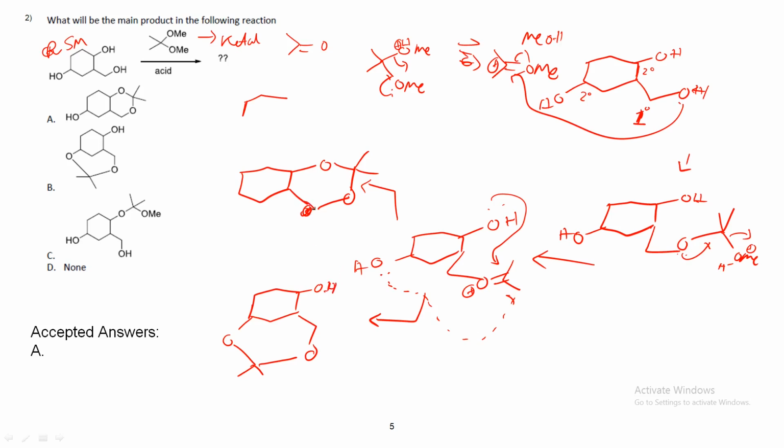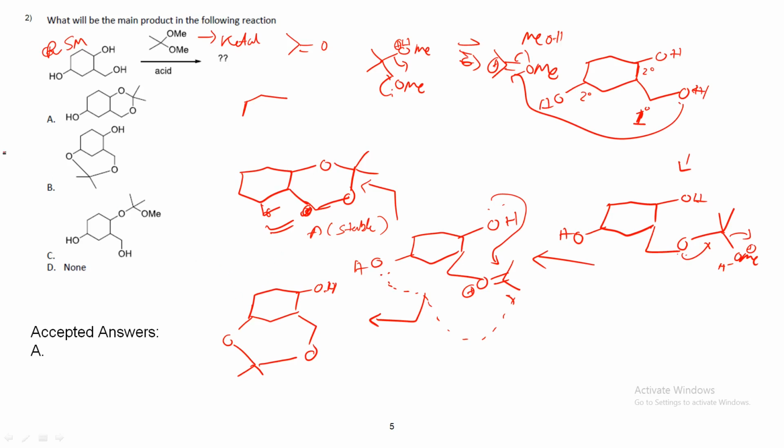So now look at the options, right? Between this and this, we can easily say this would be very much favorable over this because of the strain in the system, and also this is a seven-membered ring, not fused, some rigid thing is there, so definitely this would be more stable than this. So basically we can easily drive the system to this particular product over this.